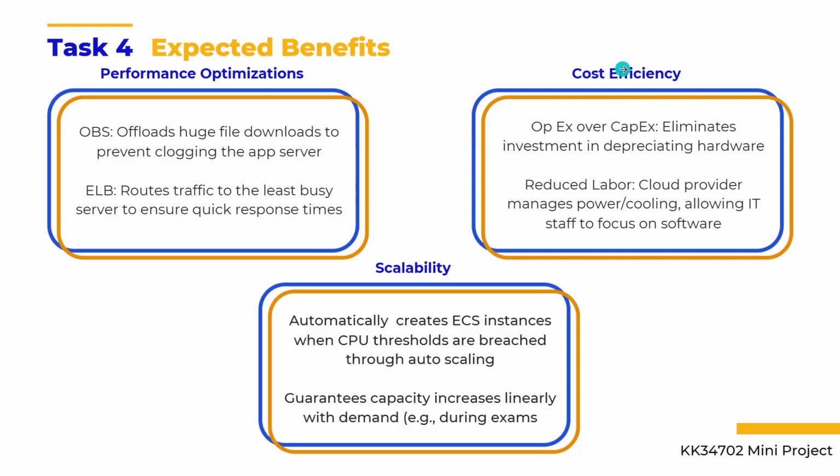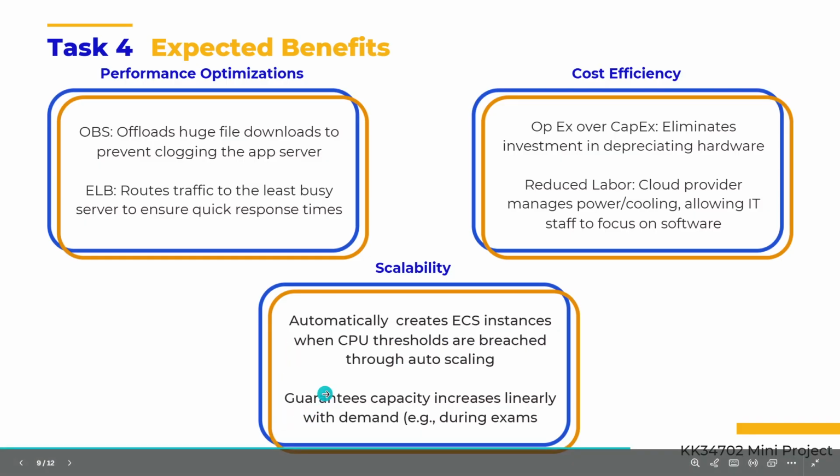And the cost efficiency, the OpEx over CapEx eliminates investment in depreciating hardware, with reduced labor as the cloud provider manages power and cooling, allowing the IT staff to focus on software. The scalability of it is that it automatically creates ECS instances when the CPU thresholds are breached through autoscaling. And this guarantees capacity increases linearly with demand, such as during exams.